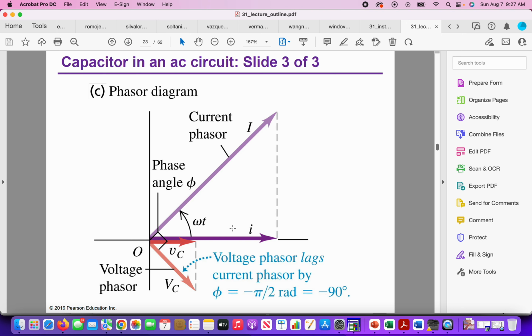It's also very clear from the phasor diagram that this is the current, and this one here lags it by 90 degrees. These are the phasors.